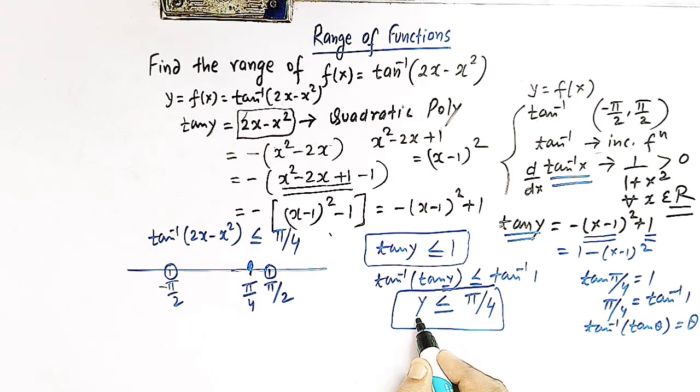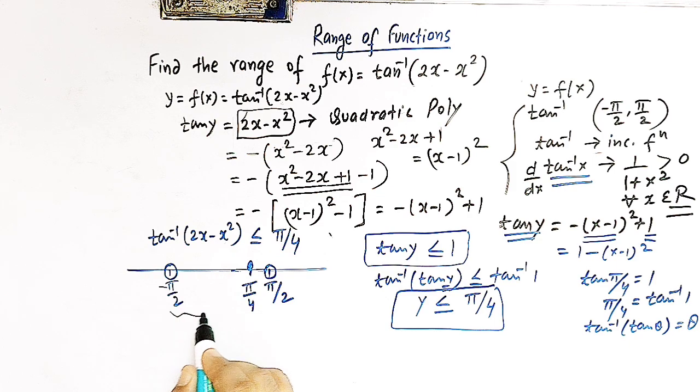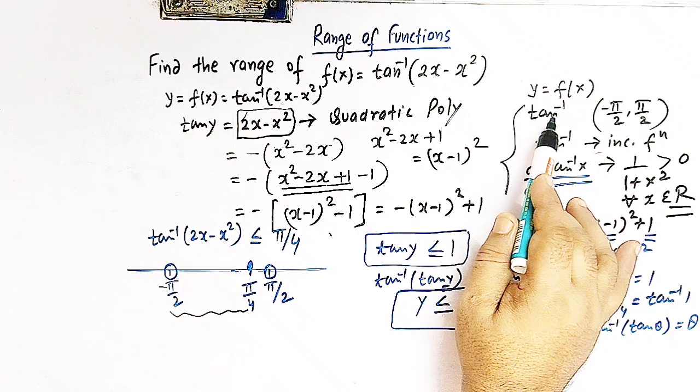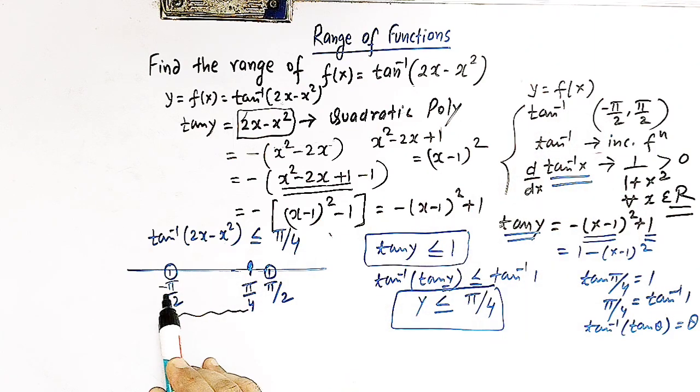So now this inequality, that is y less than or equal to pi by 4, suggests that we have to consider only this interval, right? See, the principal value branch of tan inverse is from minus pi by 2 to pi by 2, and here we have obtained the inequality y less than or equal to pi by 4.